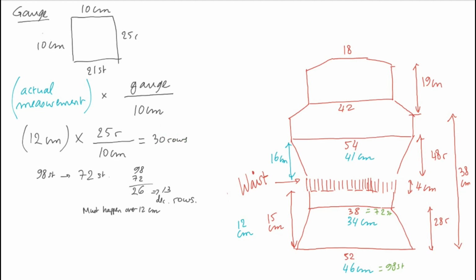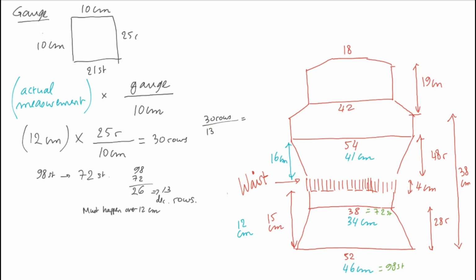If you do some loose math on it, you think about 15. 15 is half of 30. If you want to be more precise, because sometimes it won't be round numbers, you want to do your 30 rows and divide by the number of decrease rows.